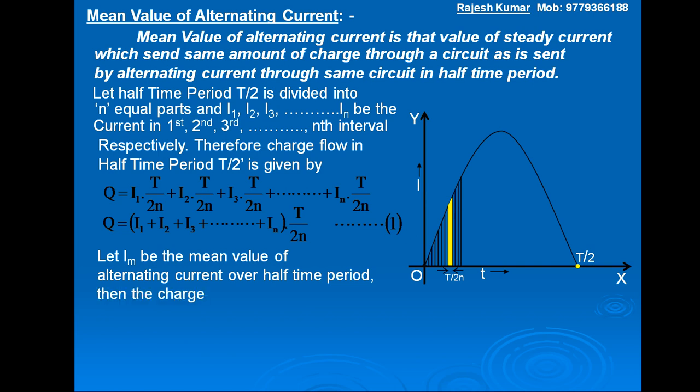Then the charge sent by it in time T upon 2 is given by Q is equal to Im into T upon 2, as by definition the mean value of current will send the same charge in same time T by 2 as is sent by alternating current in same time T by 2. Let it be equation number 2.